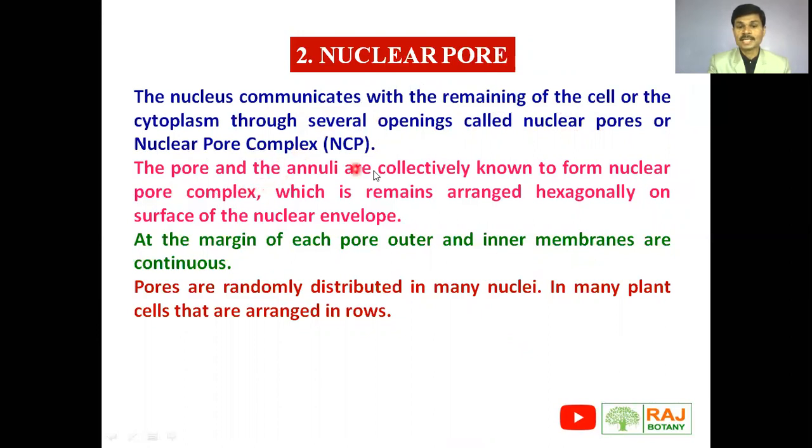The pore and the annuli are collectively known to form the nuclear pore complex, and these nuclear pore complexes are arranged hexagonally. At the margin of each pore, the outer and inner membranes are continuous. Pores are randomly distributed in many nuclei.